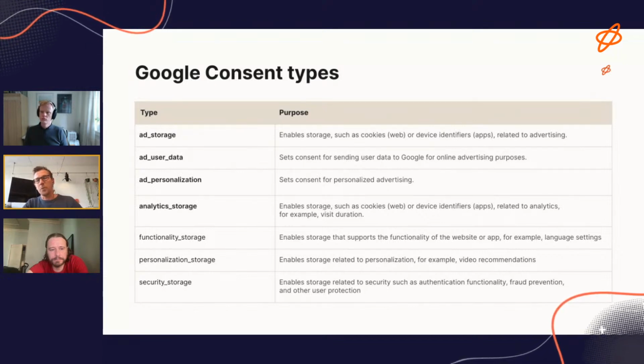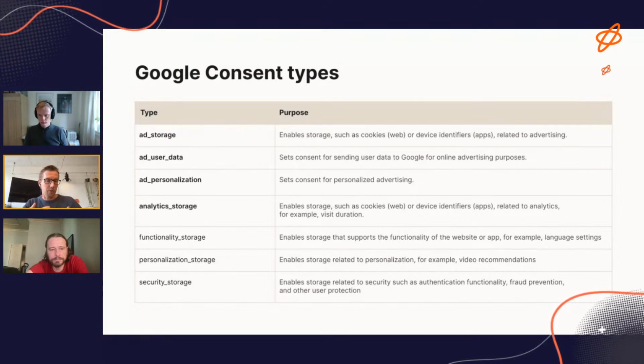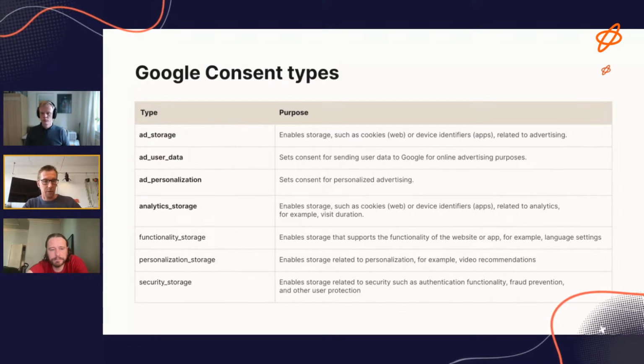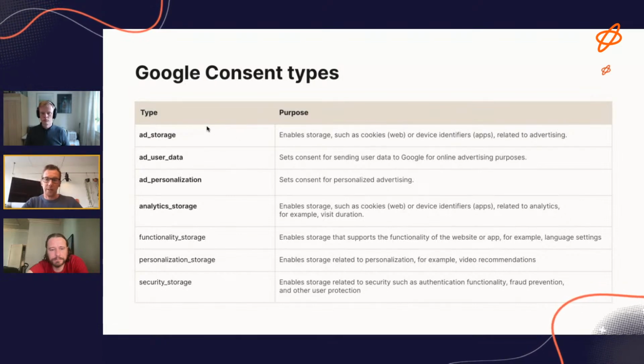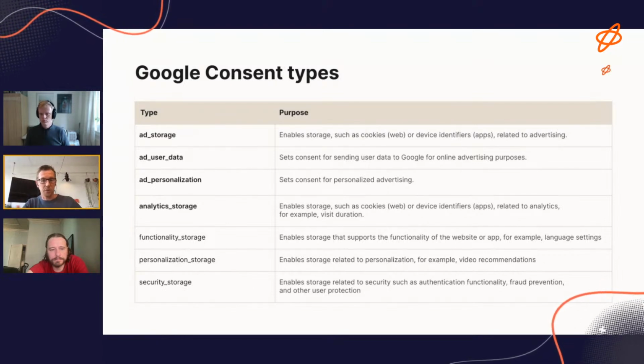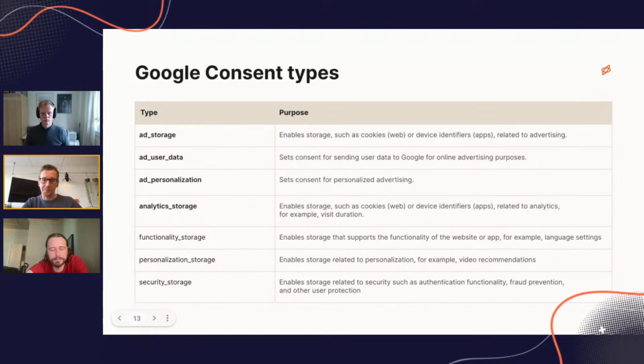So what Google wants us to do and wants everyone to do is to make sure that if a visitor of a website chooses to activate cookies or to deny cookies, that all of these 7 consent types are set in the proper way, so your tag manager knows that it can either use or not use any one of these consent types that are available in your tag manager.